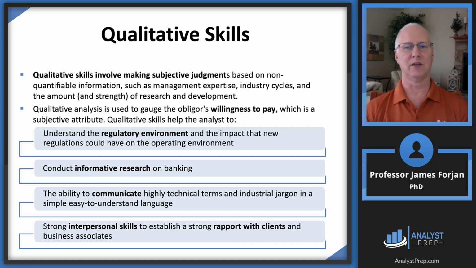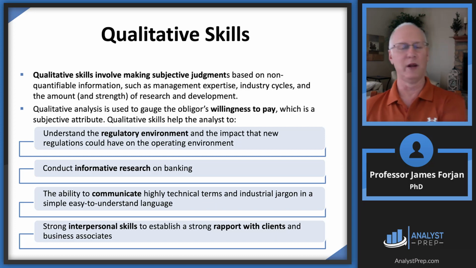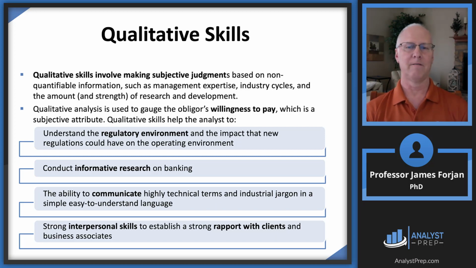Here in the United States, that means Washington, D.C. So if you have one party in charge, that might be one regulatory environment. If you have another party in charge, then that's probably going to be a different regulatory environment. So implicit in these judgmental skills is the ability to process regulatory information and political information as well.